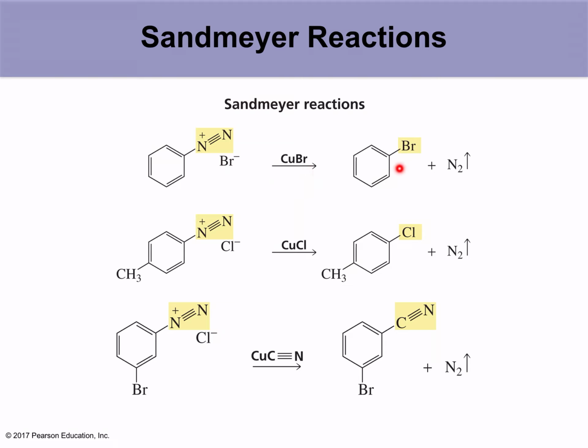So then you can have the bromobenzene plus nitrogen. React diazonium salt with copper chloride, you can get the chlorobenzene. And you can also put some other groups on the benzene ring as well. So this one again, diazonium salt reacted with copper cyanide, so we can have a cyanobenzene.